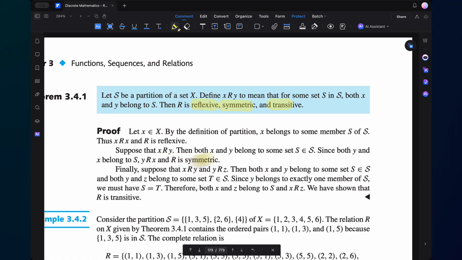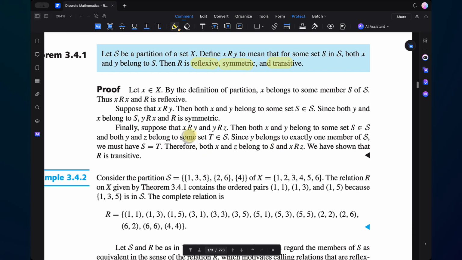and so R is symmetric. And finally, let's suppose that x is related to y and y is related to z. Then both x and y belong to some set S in script S, and both y and z belong to some set T in script S. Since y belongs to exactly one member of S, that's the idea of it being a partition, we must have S equals T, and therefore both x and z belong to S. And so x is related to z.